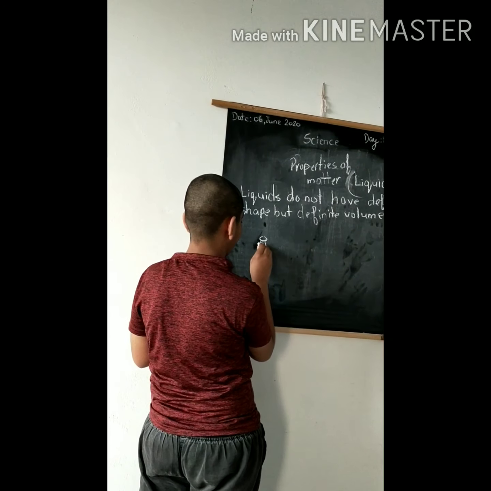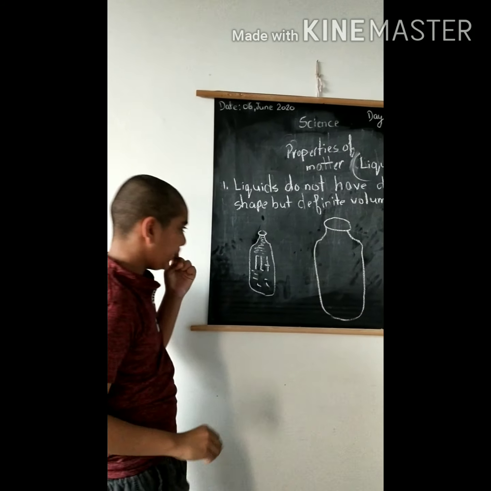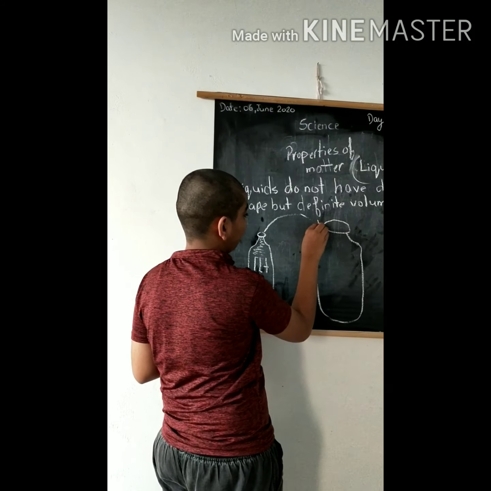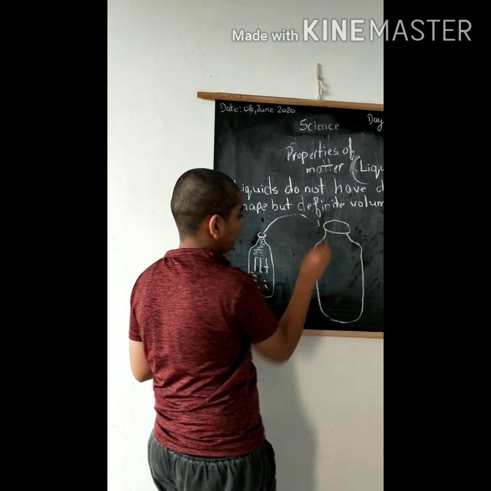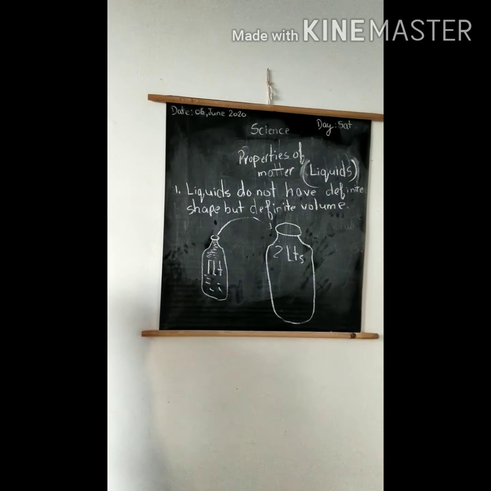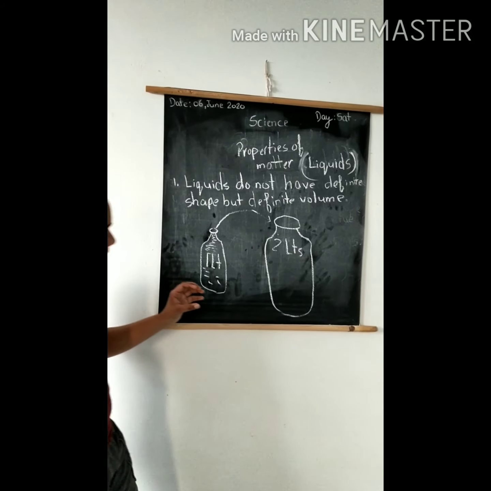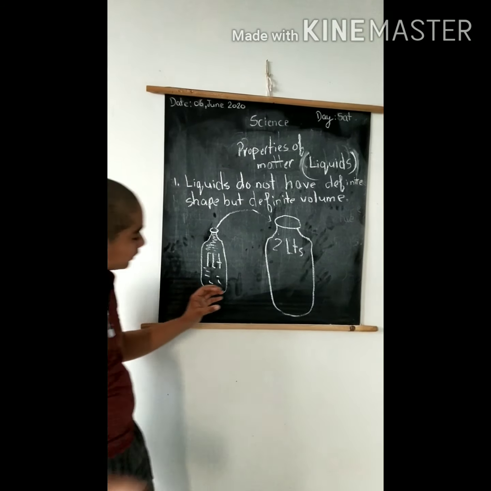And if we take a bit large bottle and we put this water into this bottle, the water takes the shape of this bottle, and imagine this is 2 liters bottle, and if we put 1 liter of water, then it remains same.